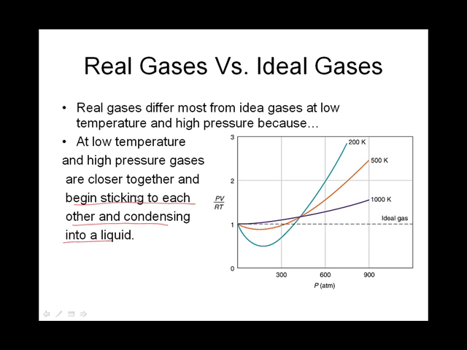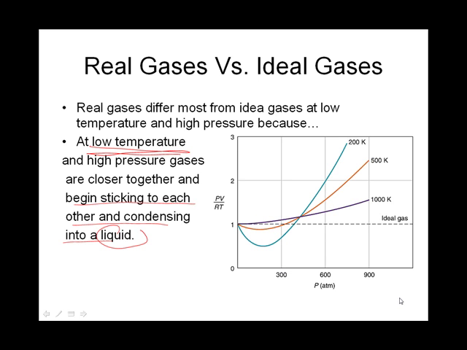So remember that we assumed in ideal gas law that these gas particles will have no attraction or repulsion towards each other, but both of these, repulsion as well as attraction, happen in real gases, and when they get close enough and they're moving at a low speed, they end up sticking to each other and becoming a liquid.